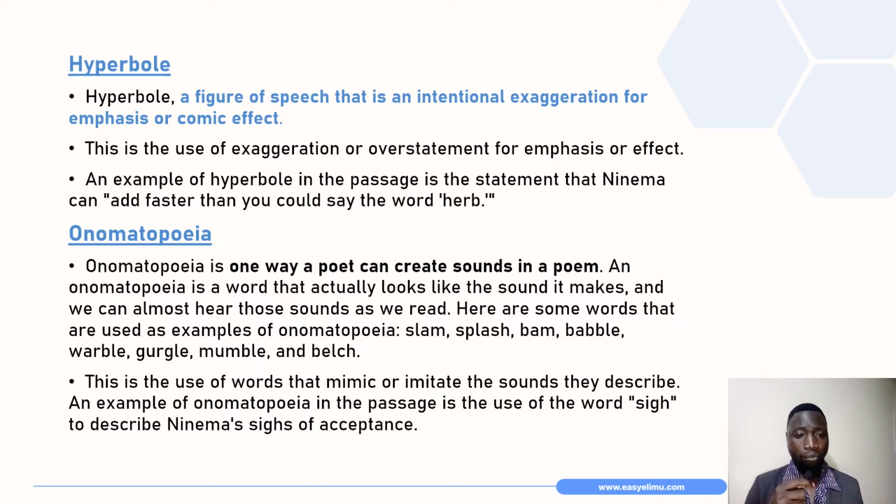So there is use of words that mimic or imitate the sounds as they describe. An example in the passage is the use of the word sigh to describe Ninema's sighs of acceptance. So the word sigh there is an example of onomatopoeia.